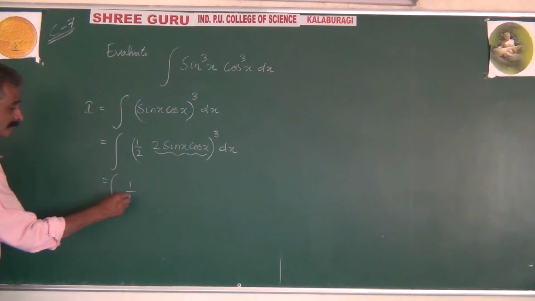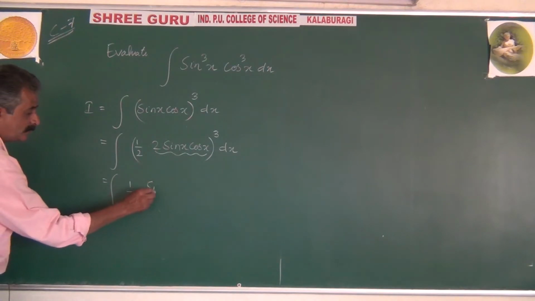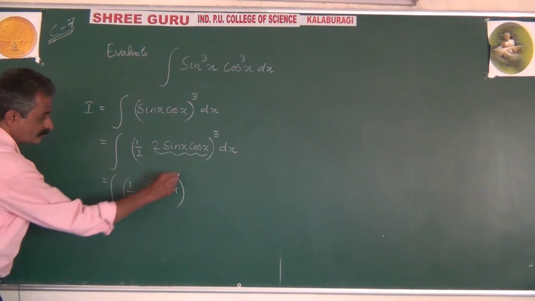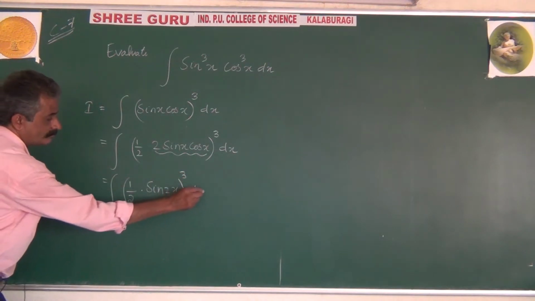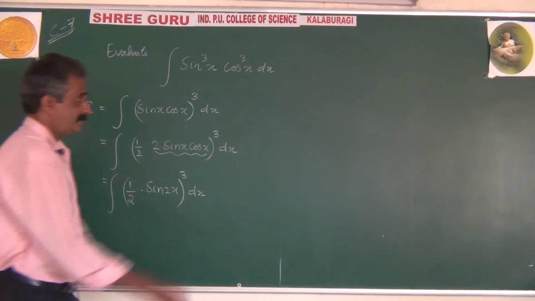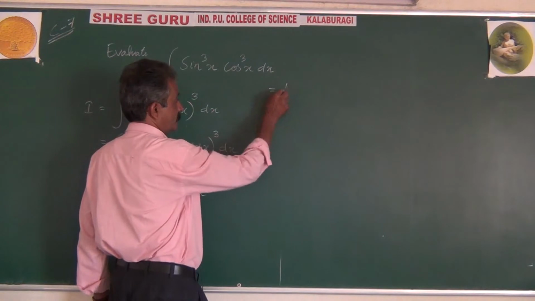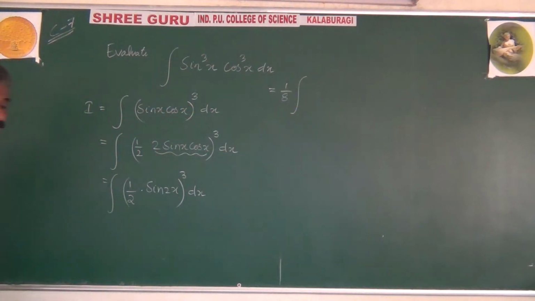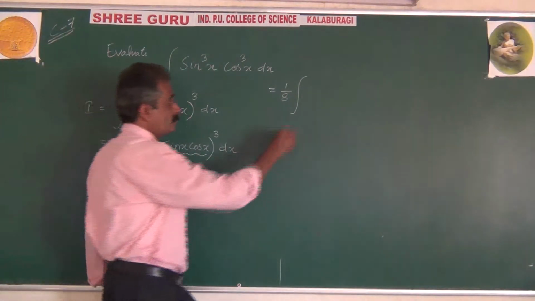Integration 1 by 2 into sin 2x whole cube. Now 1 by 2 whole cube becomes 1 by 8, that is outside. 1 by 8 into integration, how much is left? Sin cube 2x is left.